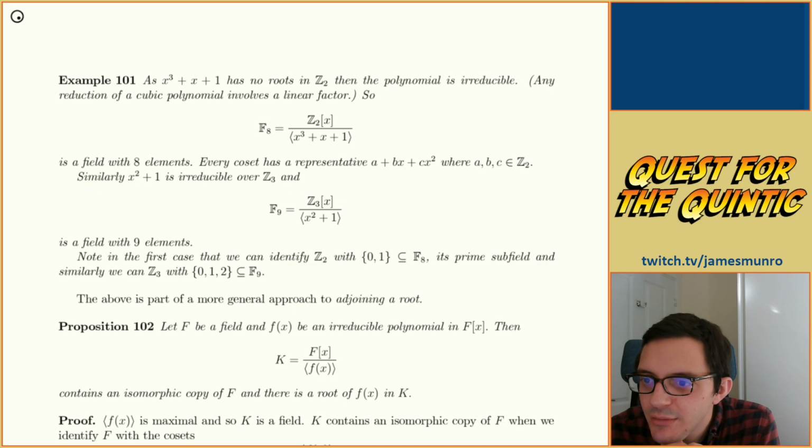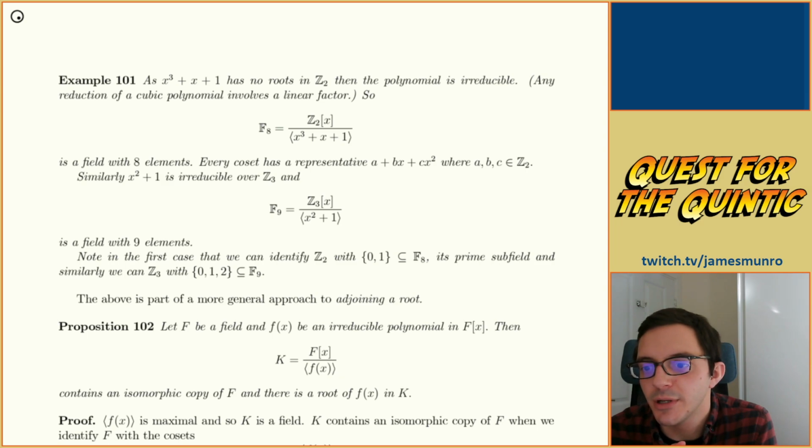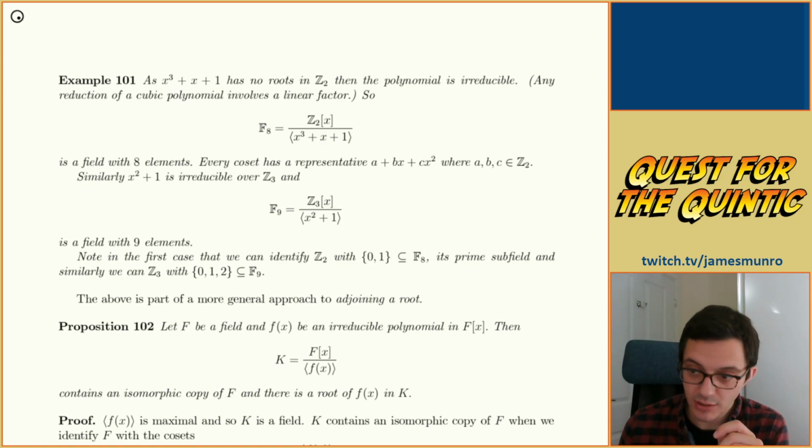Any reduction of a cubic polynomial? What on earth is going on? Oh, so some sort of example. An irreducible polynomial. Every coset has a representative like that. Okay, so if you're quotienting by this cubic, then whenever you take a really high degree polynomial, you could use some multiple of this.